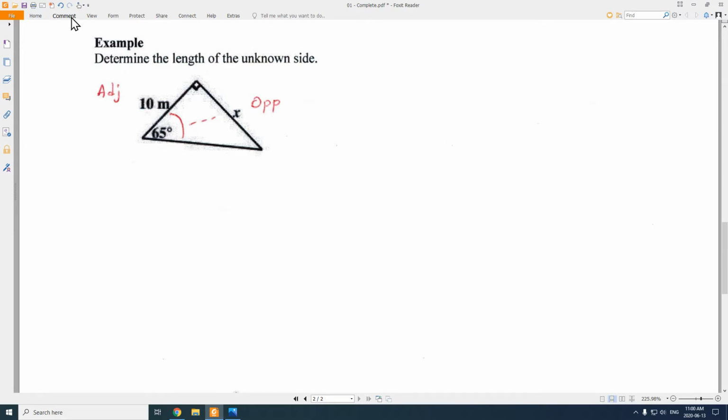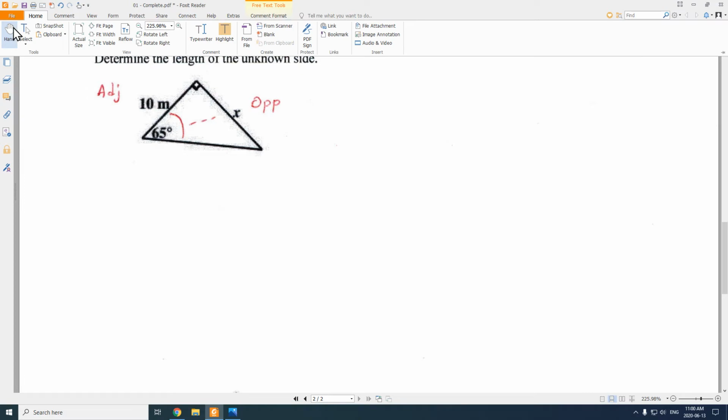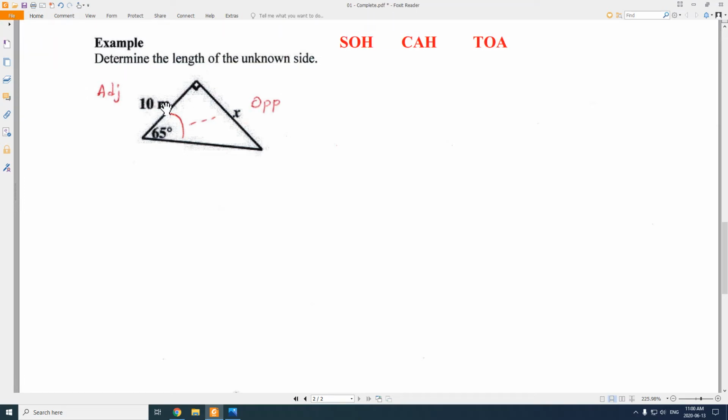All right. So now I'm going to look through and I'm going to say, okay, right, SOHCAHTOA. And I say, okay, opposite and adjacent are the important ones in this problem. So which equation am I going to use? Opposite hypotenuse, adjacent hypotenuse, opposite adjacent.